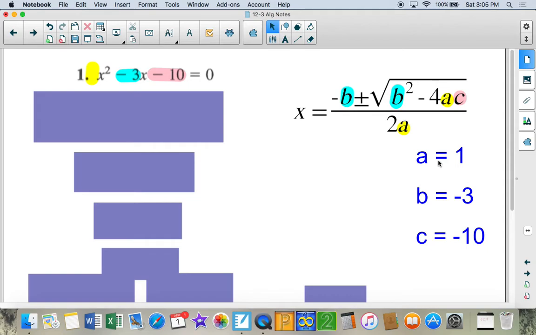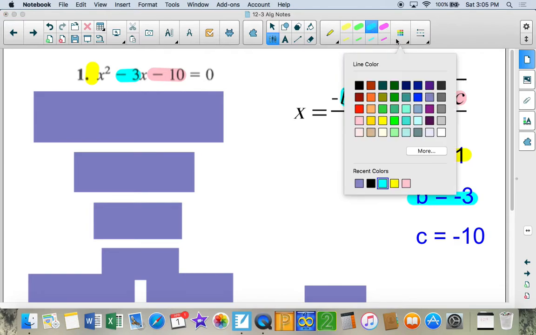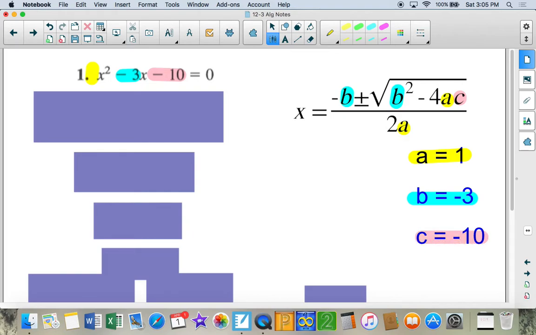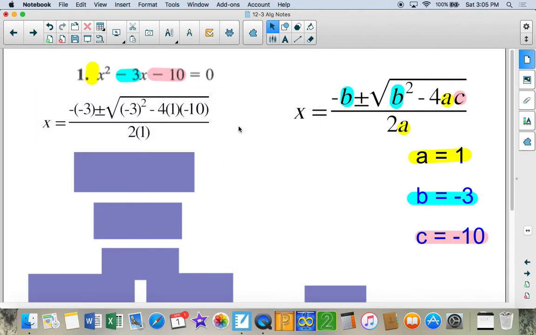Now we take those values and substitute them into the equation. Wherever we see those variables, we plug in those numbers. So we get the opposite of b, the opposite of -3, plus or minus the square root of b squared, -3 squared, minus 4 times a, which is 1, times c, which is -10, all over 2a, 2 times 1.